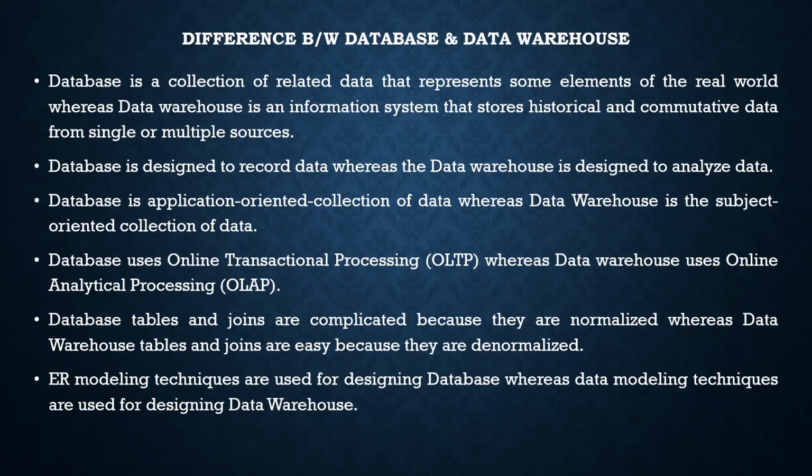But in a data warehouse, whatever is stored is information, which is used for analysis and prediction, as we discussed earlier. Data mining is basically used for analysis and prediction, so for that purpose we store the data.